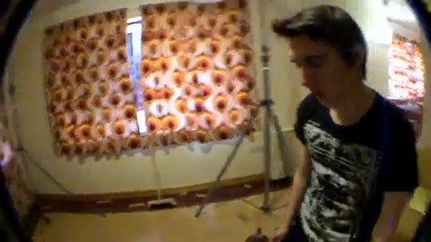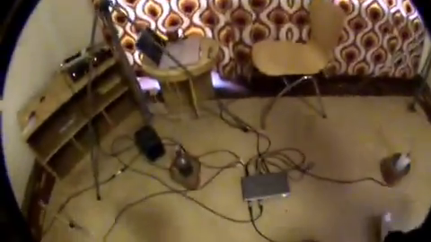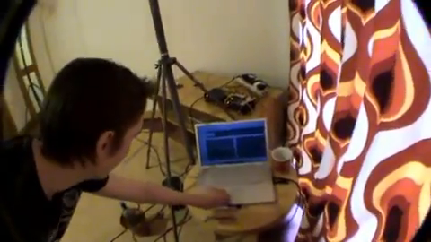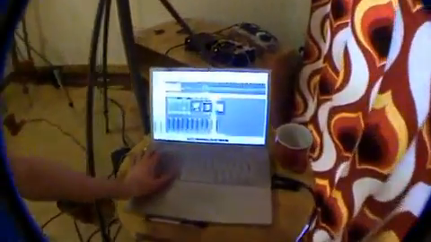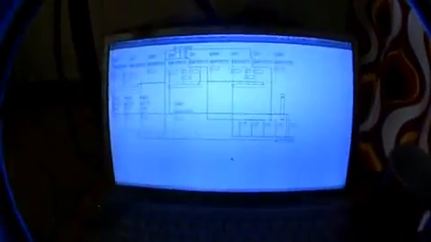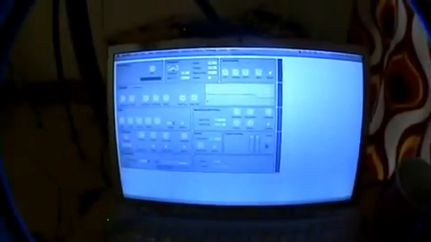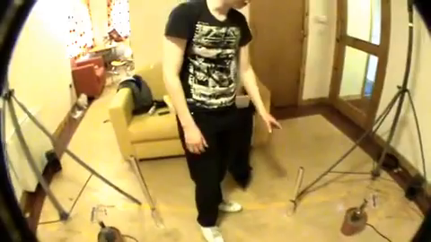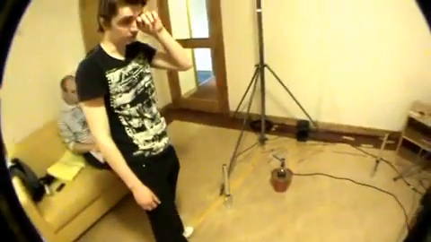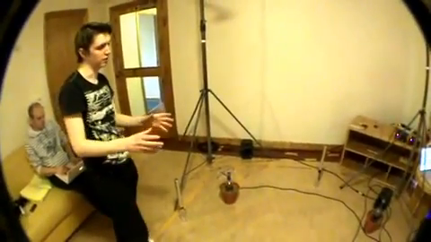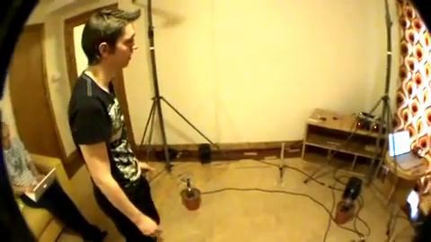The audio signals are taken into Max MSP using this lovely M-Audio interface there. The signals are brought into Max MSP first, and they're put into an effects processing patch. That uses the signal from the theremin, the actual value itself and the rate of change of the value, to calculate different effect parameters.